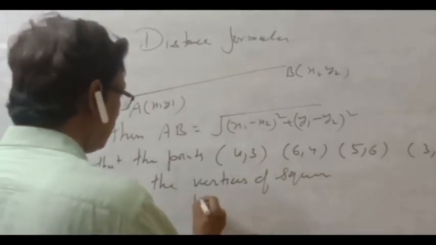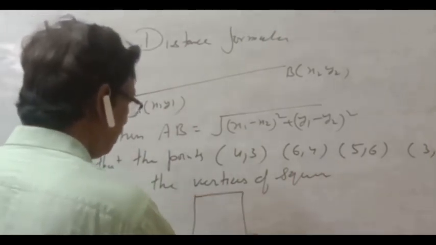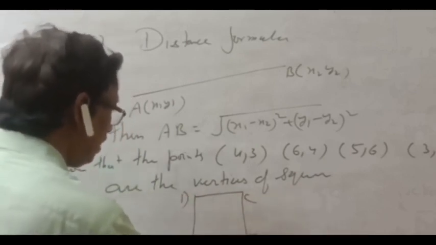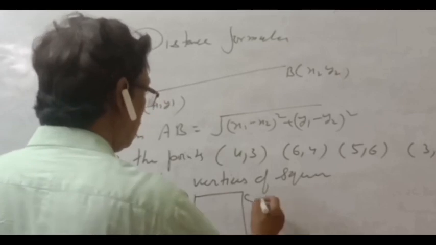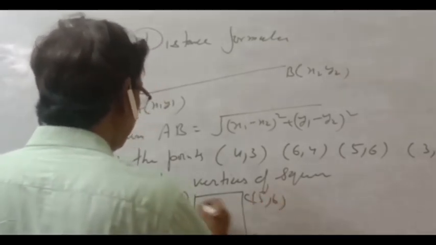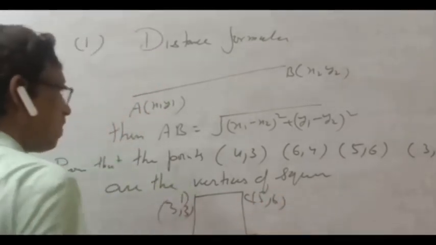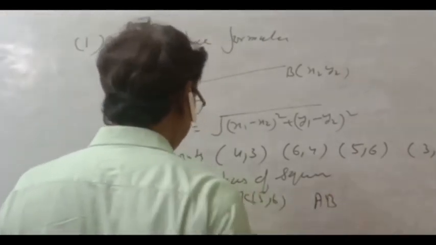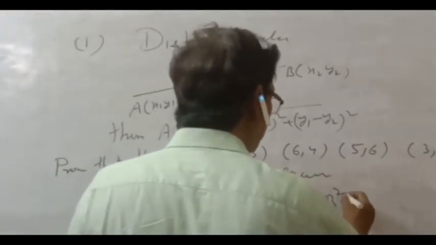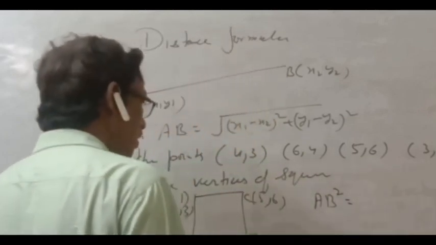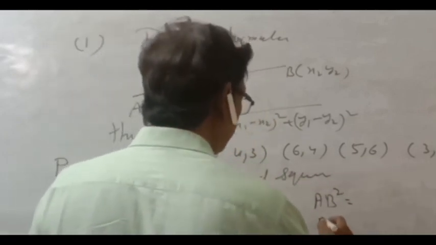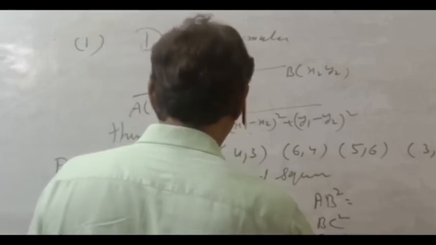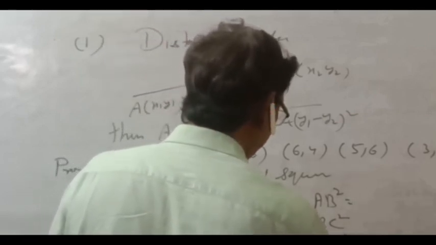Take a figure ABCD with sides 4, 3, 6, 4, 5, 6, 3, 3. We find AB square, BC square, CD square, AD square.